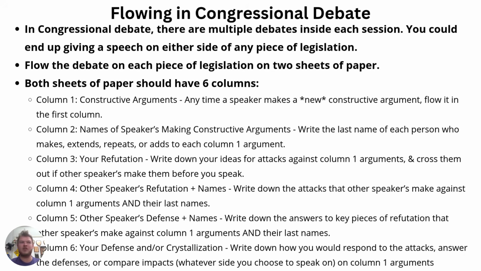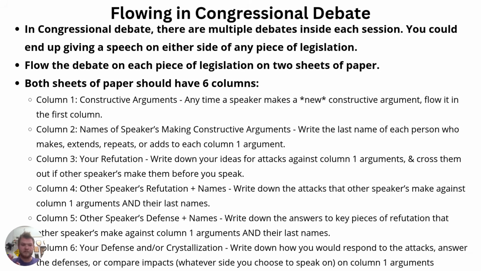All of the new arguments have been made, all of the most obvious attacks and defenses have been made. So you want to give a crystallization speech that breaks the debate down to its like 2 to 4 most important issues. No matter what side you're on, whether it's the affirmative or the negative, you can use this 6th column to write down your points of crystallization to make sure that you are bringing up stuff from across the debate on this piece of legislation.